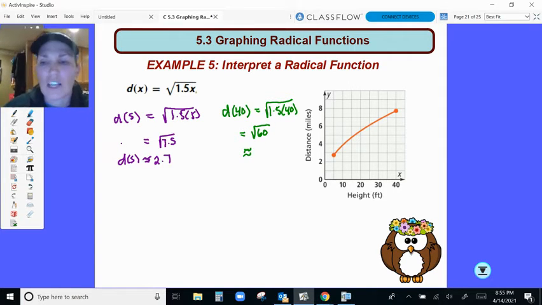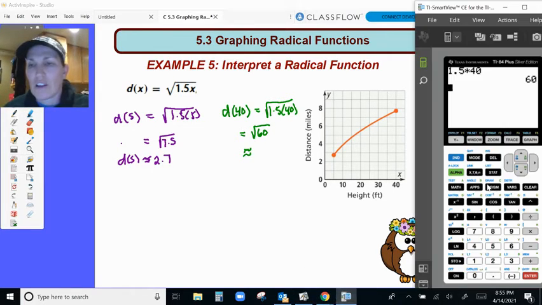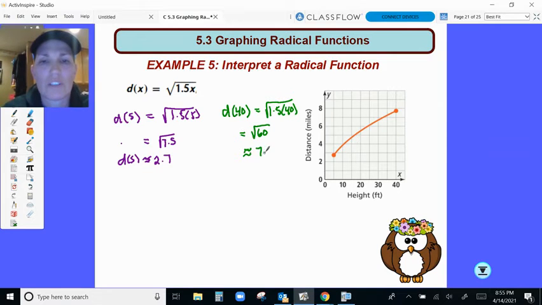And that is going to be approximately equal to, I'll take the square root here. The square root of my answer is about 7.7. So approximately 7.7 is my distance at 40. Okay, so over here at 40, about 7.7. And that's the graph. It kind of goes like a little curve. It's not a straight line necessarily.